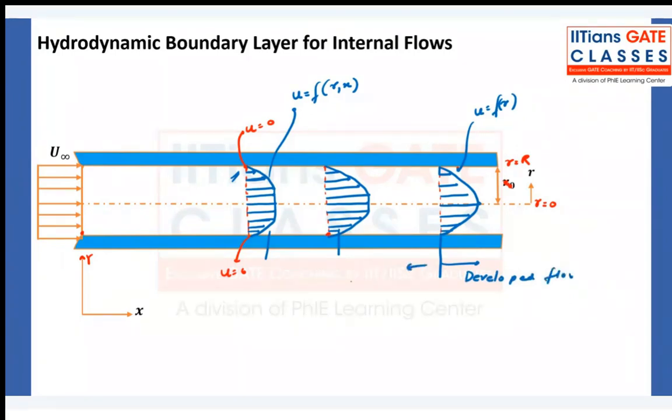It is called the entrance region, developing flow. Once you have reached the point where the fluid is completely developed, then u is not going to change in x direction. It is only going to change in r. Whatever diagram I draw here, it will be exactly like this. But you see here the gradient is increasing like this, and then this is changing.